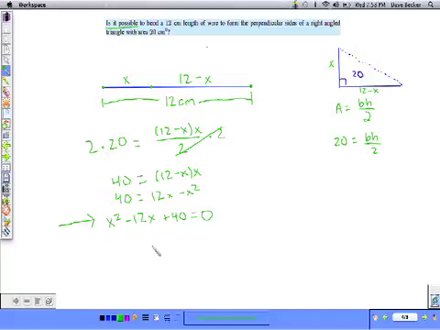Well, if there is a solution, then the discriminant must be greater than or equal to 0. If there's not a solution, then the discriminant is less than 0. And that's all we have to know. Is there a solution? Not what's the solution, is there one? So all it boils down to is our good buddy delta, which is equal to b squared minus 4ac. And we just need to find out if this is positive, negative, or zero.